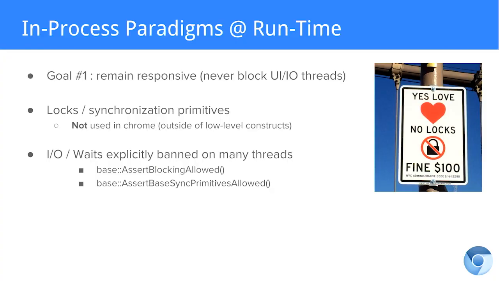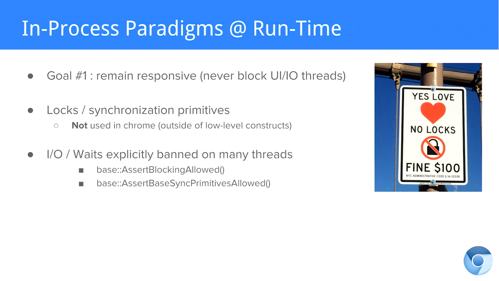So now we're at runtime, and I'm going to go into the in-process paradigms, how we like to do things in Chrome. Goal number one is to remain responsive, which means we never, ever block the UI and the I/O threads. Locks and synchronization primitives are not used in Chrome, except in low-level things like the scheduler and so on.